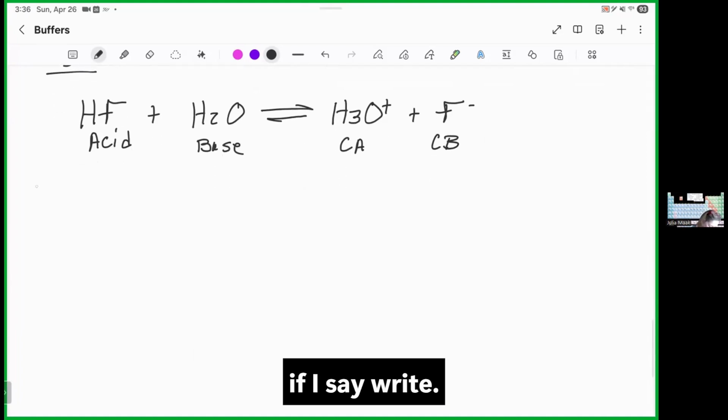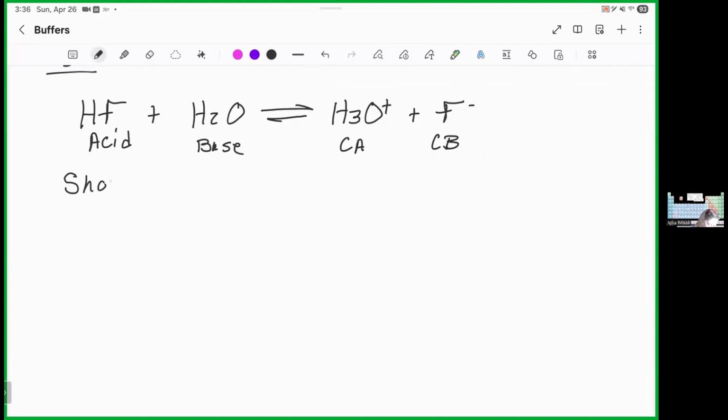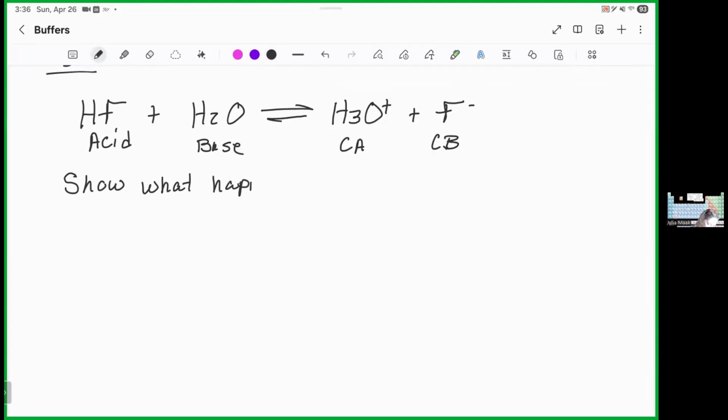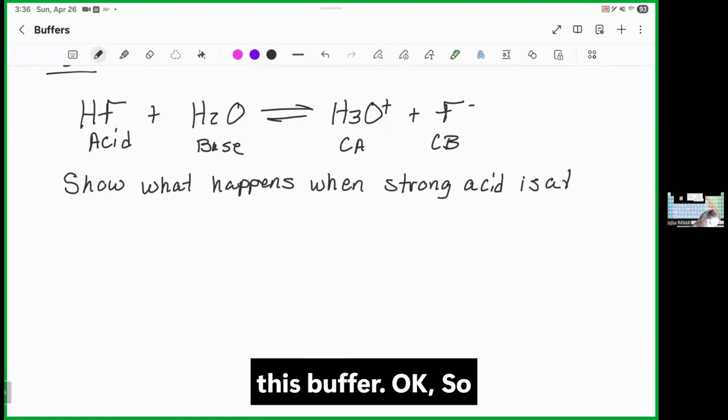Okay, so now if I say write the equation or show what happens when strong acid is added to this buffer, what happens?